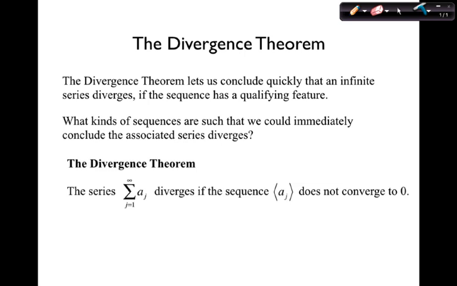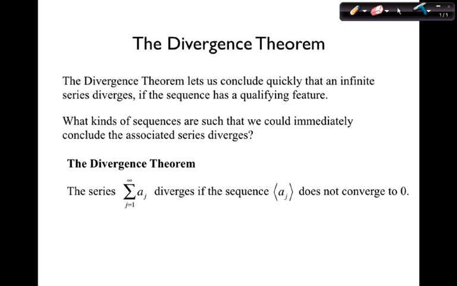And this is the divergence theorem. The series diverges if the sequence does not converge to zero. That's what those last two examples just illustrated. So this should be the first thing that we check.